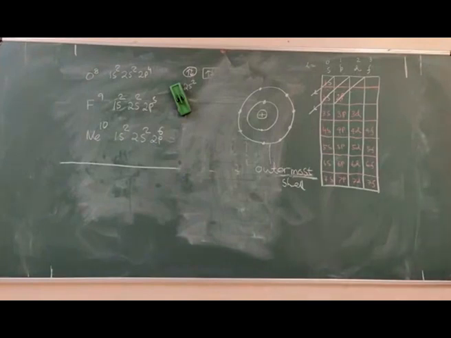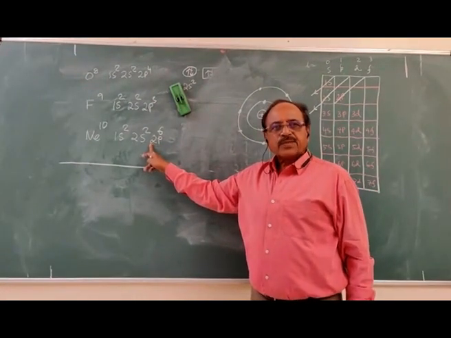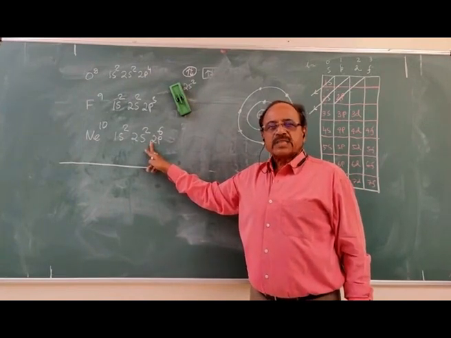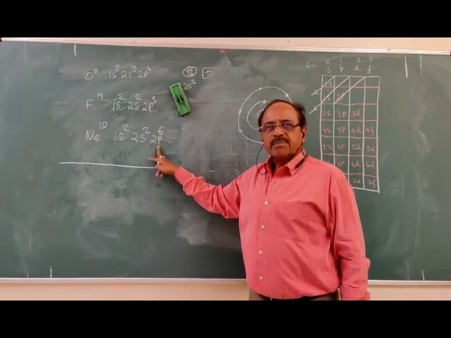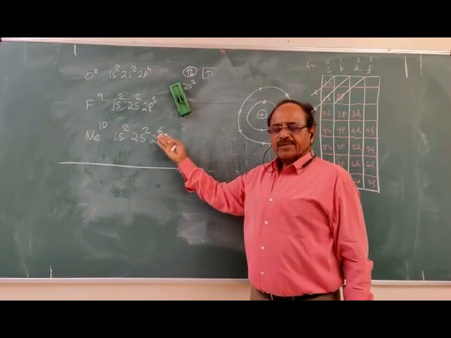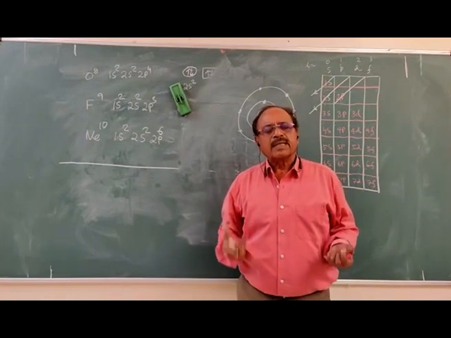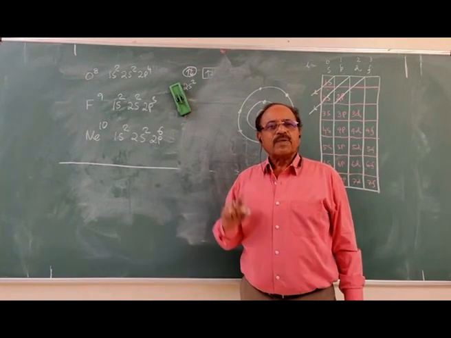So the principal quantum number indicates the period to which the atom belongs and the outermost cell of the element. The p orbital is indicated by the azimuthal quantum number, and the number of electrons, 6, 5, 4, 3, is also in this. So the quantum number is an identification number which perfectly describes an electron of the atom of an element.